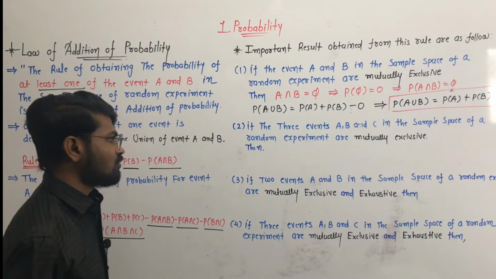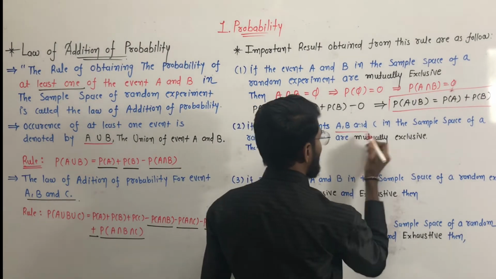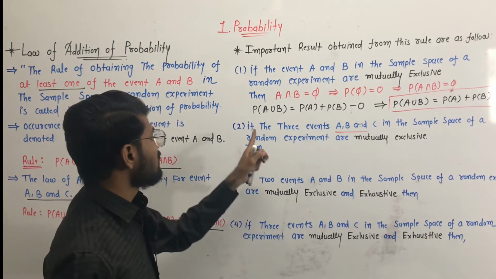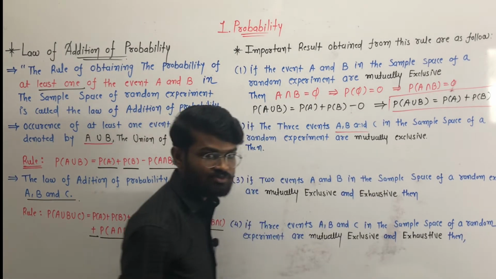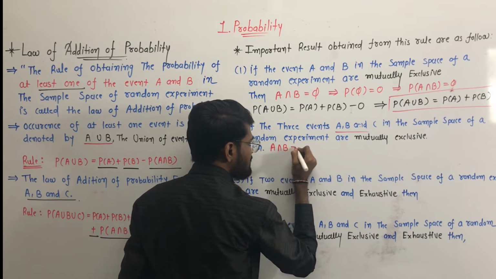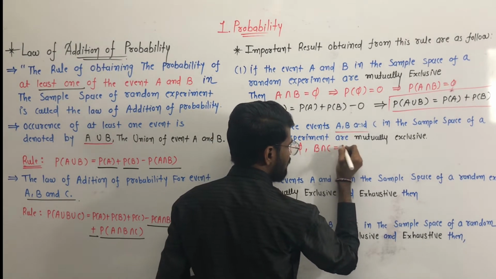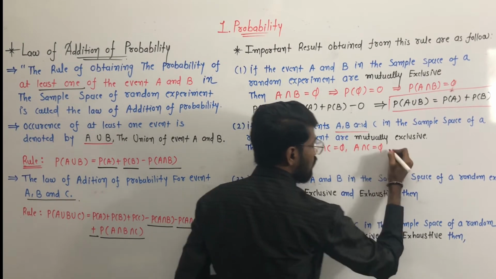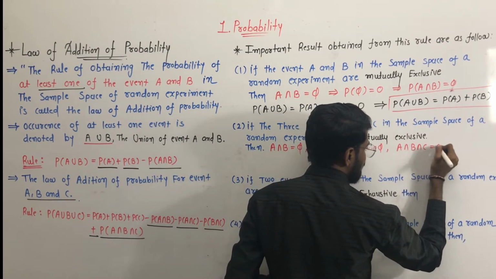Clear? Okay, now the second result is that if three events A, B and C in the sample space of a random experiment are mutually exclusive, then we can write that the intersection of events A and B is φ, the intersection of events B and C is also φ, the intersection of events A and C is also φ, and the intersection of events A, B and C is also φ.